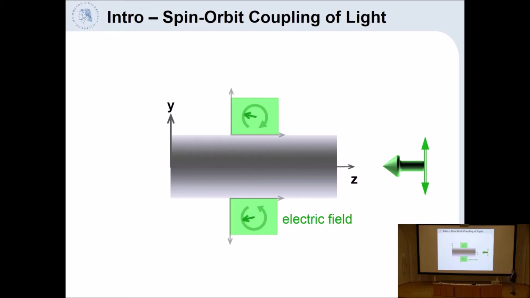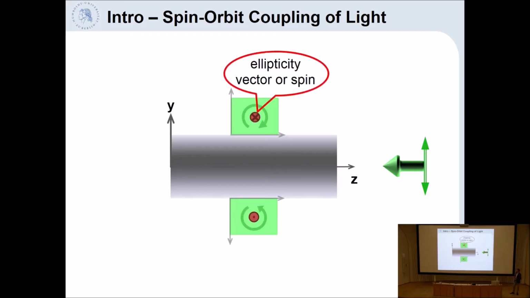Now, I can quantify this elliptical polarization in terms of an ellipticity vector, which is a vector that is normal to the plane in which the electric field spins, and it is unity if the field is circularly polarized and gets smaller when it's elliptically polarized.